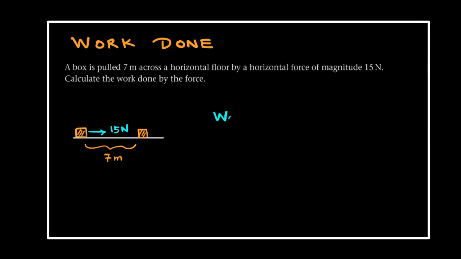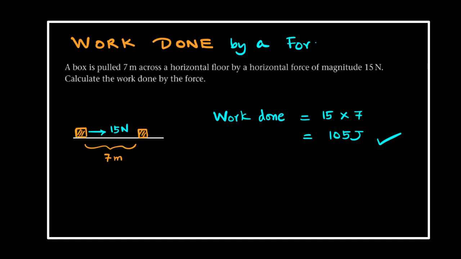So the work done by the force is equal to force, which is 15 Newton, into distance 7 meters. So this comes out to be 105 joules. That is the basic working for work done by a force.